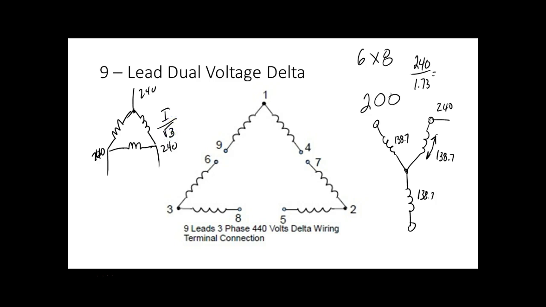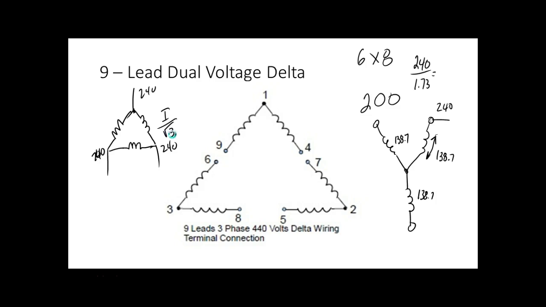So delta requires less current to produce the horsepower, right? You understand? Y requires more current to produce it. So if we had a motor that we could start up at Y to reduce the voltage to the winding, even though the voltage out here does not change, and then we switch it over to delta when it came up to speed, then that would be the ideal motor we would have instead of using an external reduced voltage starter. That's the term.